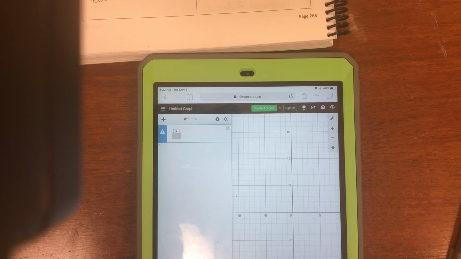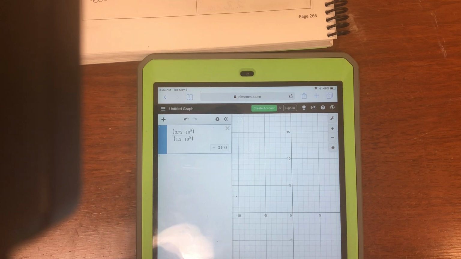3.72 times 10 to the power of 8. And then 1.2 times 10 to the power of 5. Okay, there you go.